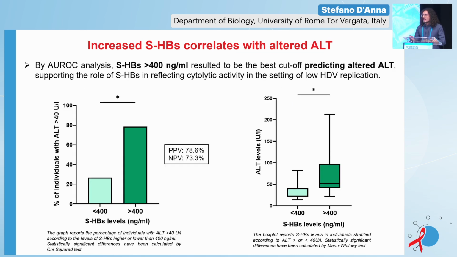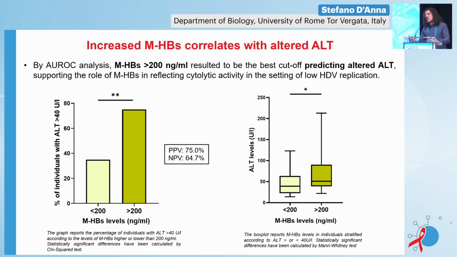By analyzing HBs isoforms in this set of patients, we observed that small HBs levels higher than 400 nanograms per ml were associated with altered transaminases, with levels also twofold higher than the upper limit of normal. In particular, around 80% of people with small HBs levels higher than 400 nanograms per ml showed altered transaminases. And this result was also observed by analyzing middle HBs.